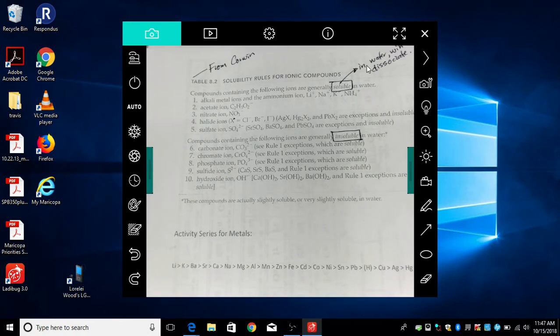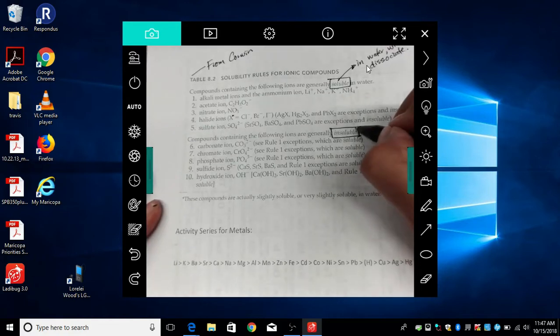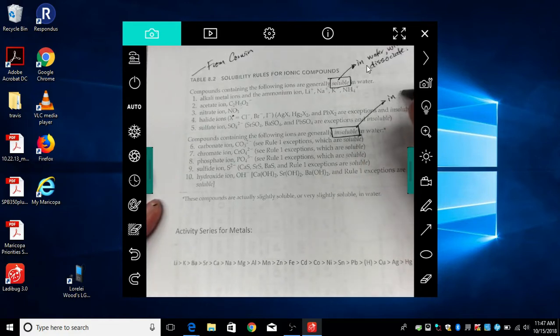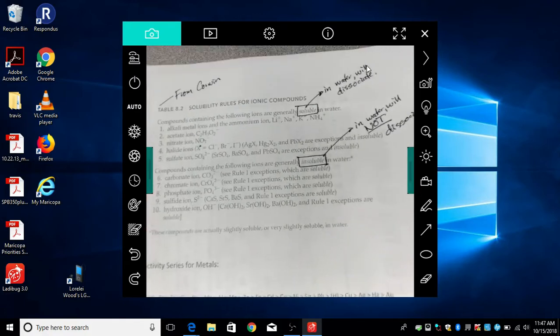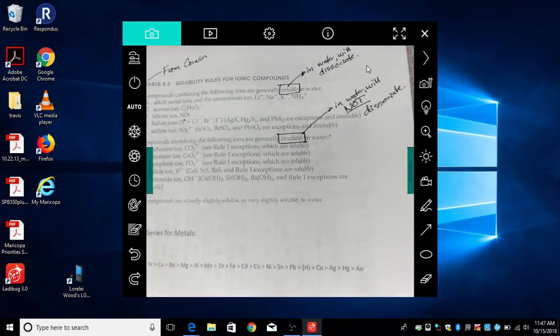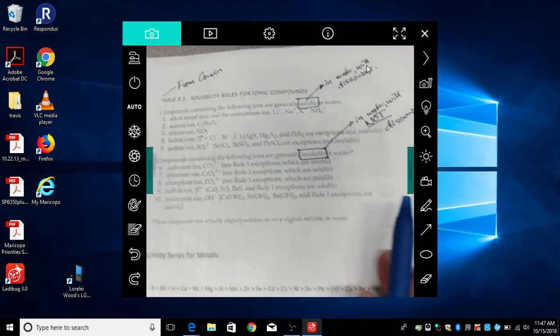They are soluble. Things that are insoluble, in water, will not dissociate. So things that will dissociate, things that will not dissociate. Now, let's look at how this table is constructed so we can figure out how to use it.